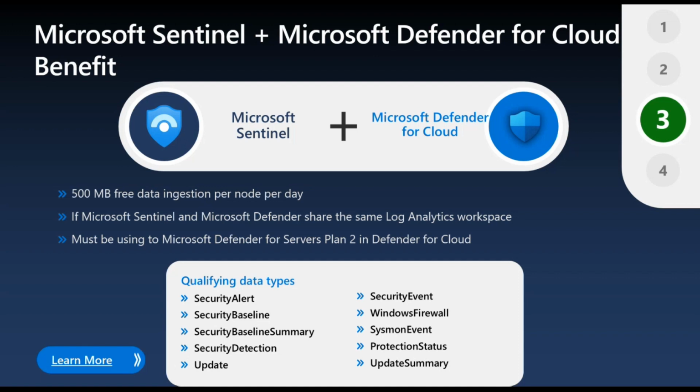So you can cover both on-premises and cloud-based servers with this benefit, and that can be a significant amount of data that is ingested into your Sentinel workspace, and that's useful for threat hunting on a daily basis.